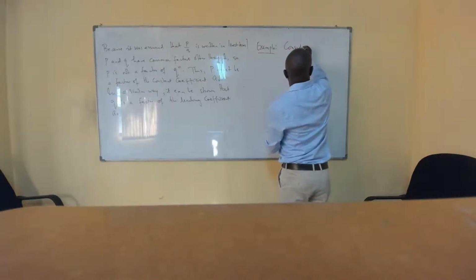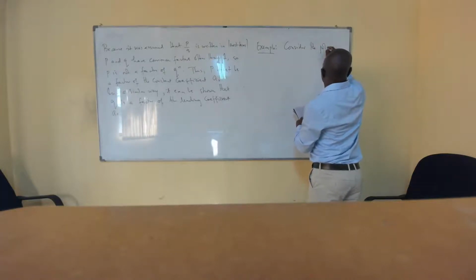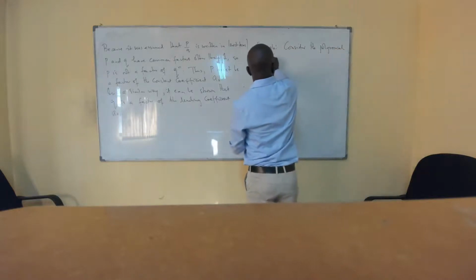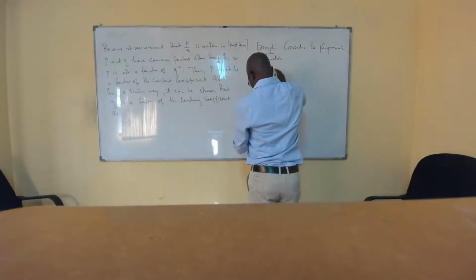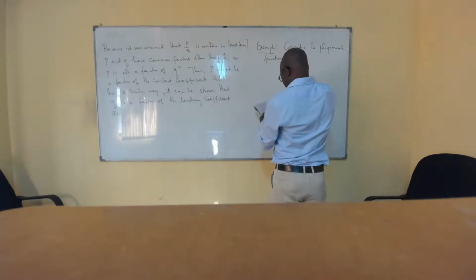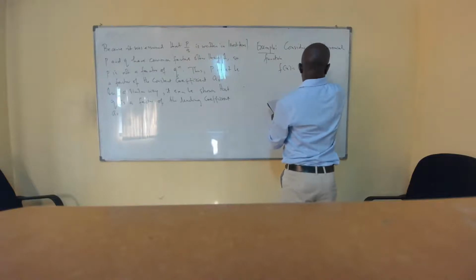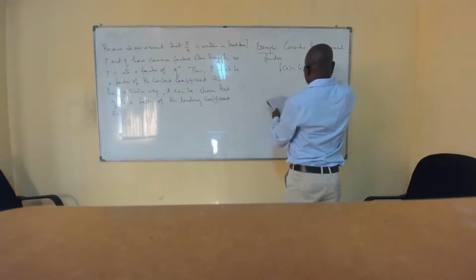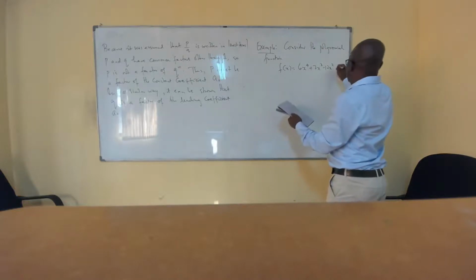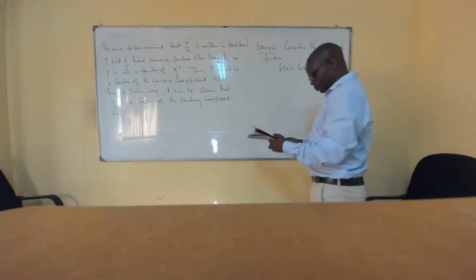Consider the polynomial function f of x equals 6x to the power 4 plus 7x to the power 3 minus 2x squared minus 3x plus 2.